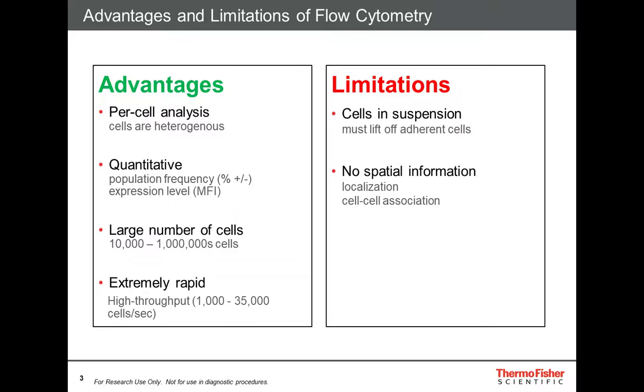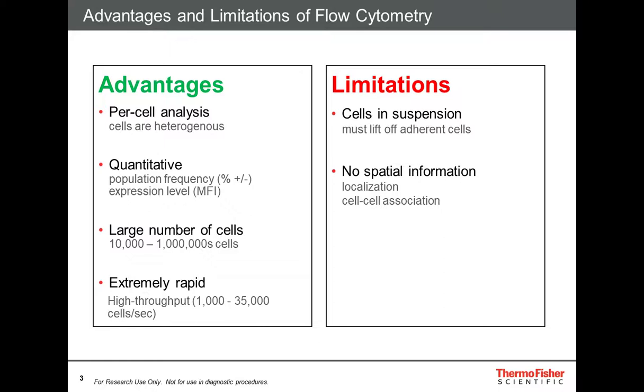So we have to get the cells in suspension. We have to make sure they're filtered, or we use enzymes to make sure that the cells pass through the flow cytometer. The other limitation is we get no spatial information unless we use a complementary technology like microscopy or ImageStream, which gives us spatial information about where the cells are.